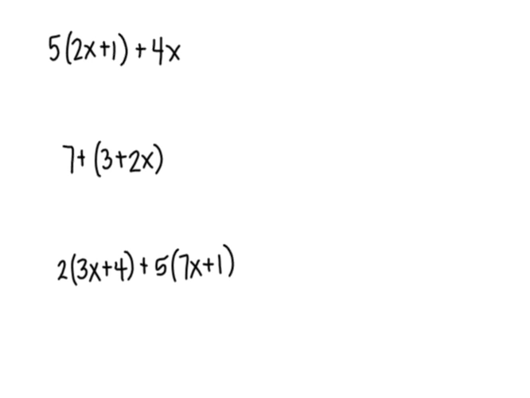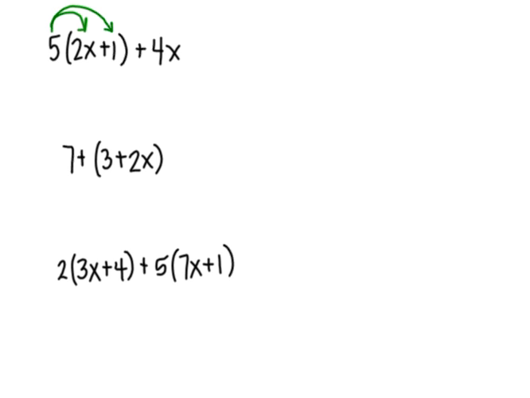Okay, here's our last group. In the top one, we are going to distribute this 5. Let me back up and repeat the problem. So the problem is 5 times parentheses 2x plus 1, all in parentheses, plus 4x.